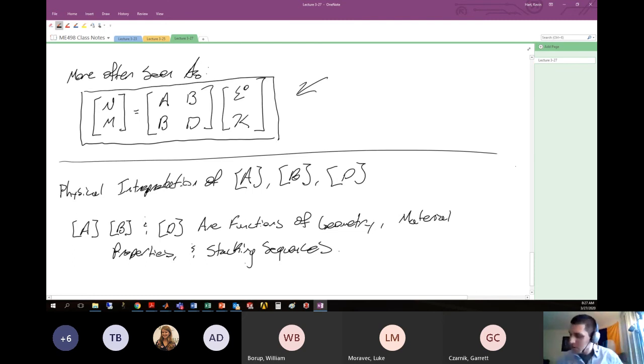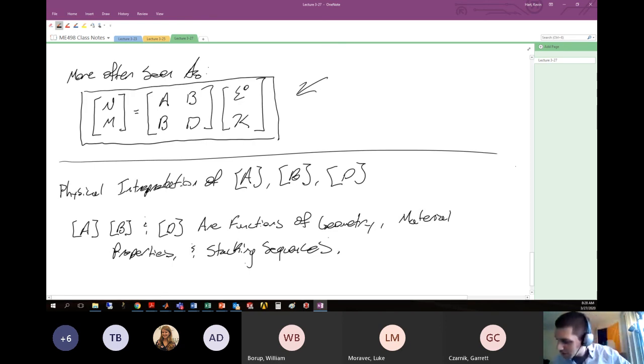You may think of these particular stiffnesses, A, B, and D, as kind of like the average stiffnesses of the various layers contributing to a global stiffness of the particular material.